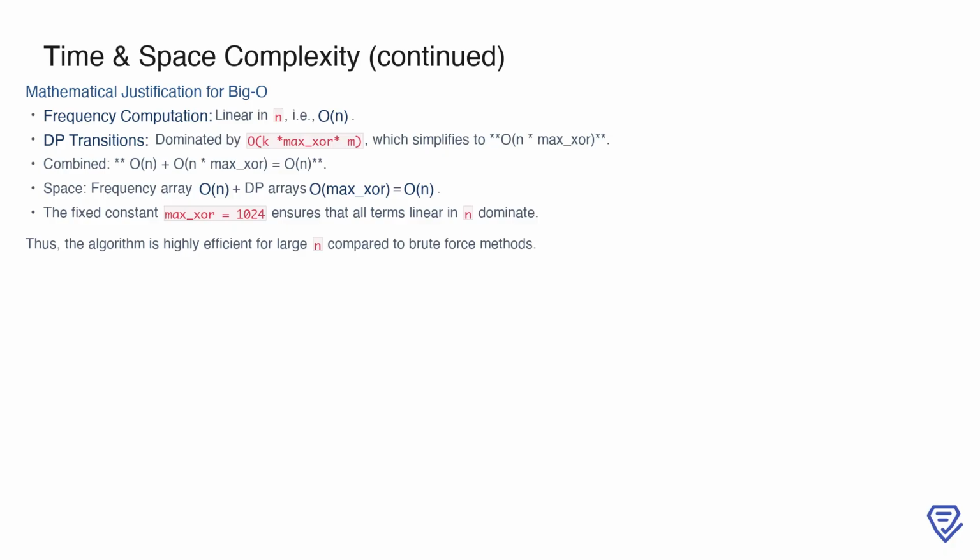Adding these together gives a total time complexity of O(n) plus O(n * max_XOR), which simplifies to O(n), since max_XOR is a constant value of 1024. On the space side, the frequency array contributes O(n), and the dp arrays add O(max_XOR), resulting in a total space complexity of O(n). This careful design ensures that the algorithm is both time and space efficient, making it well suited for large inputs and a clear improvement over exponential brute force methods.